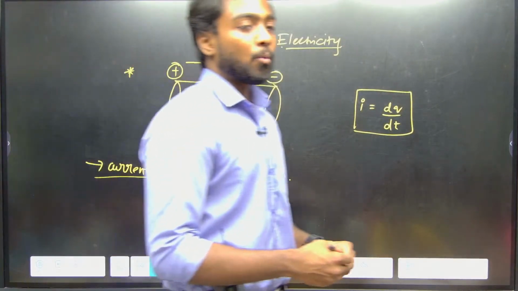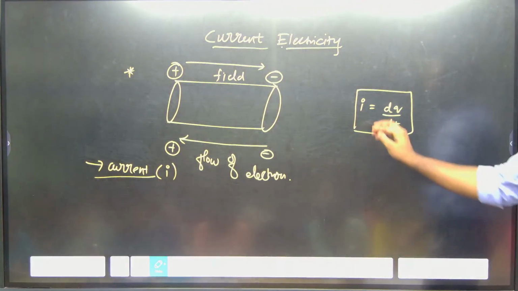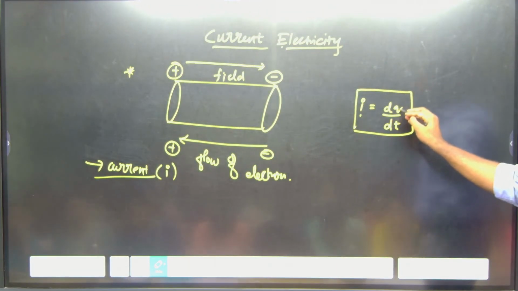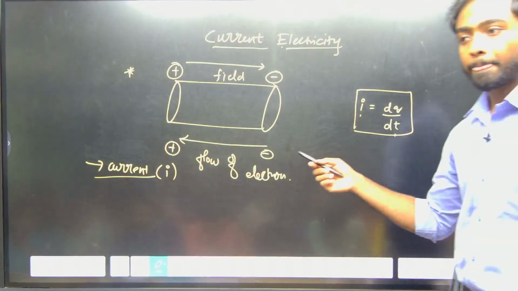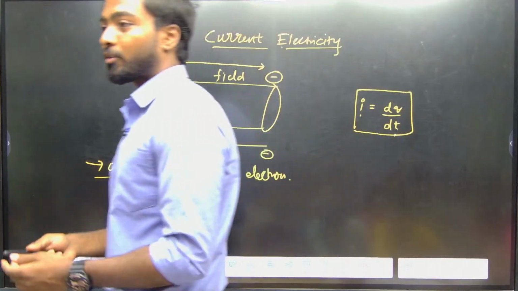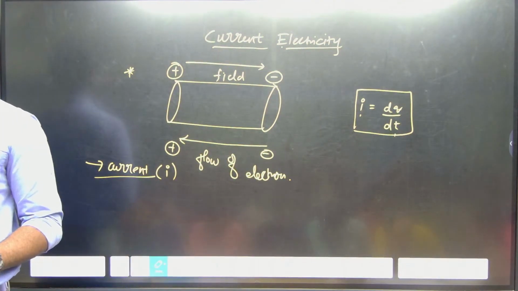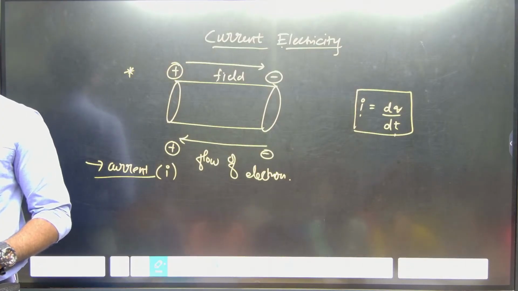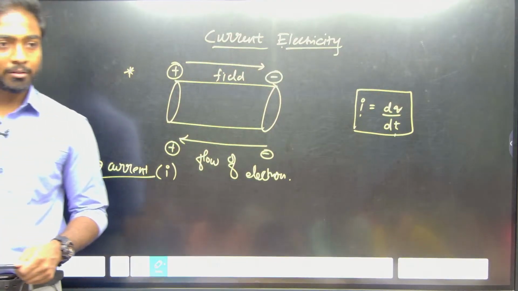So 1 ampere means 1 coulomb per 1 second. Charge is in coulombs, and SI unit of time is seconds. So 1 ampere is nothing but 1 coulomb per 1 second. Completed.